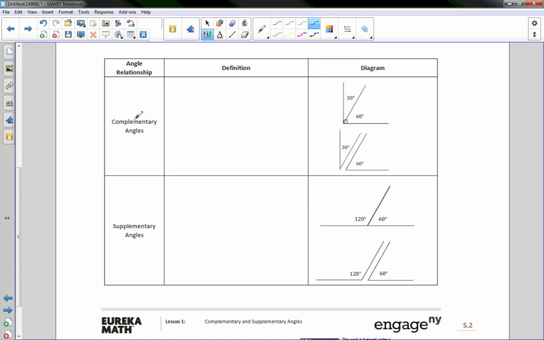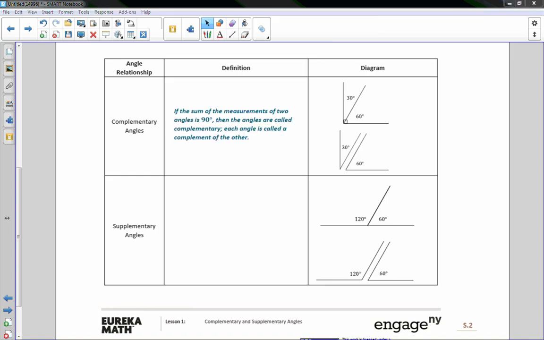Angle relationship, complementary angles, definition. The definition of complementary angles is: if the sum of the measurements of two angles is 90 degrees, then the angles are called complementary. Each angle is called a complement of the other.